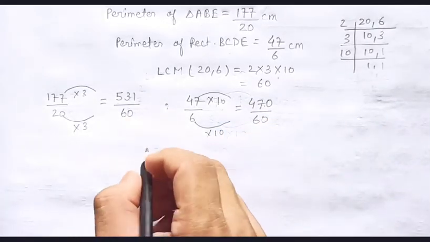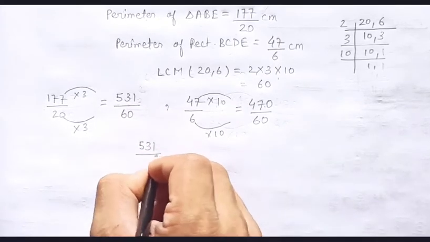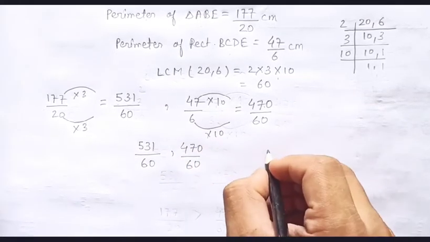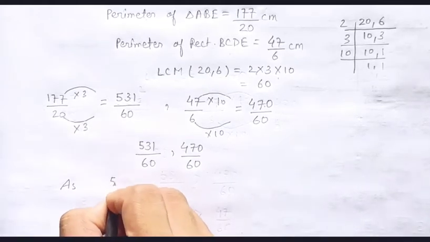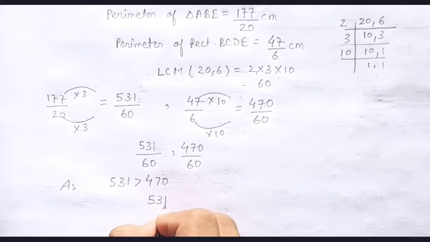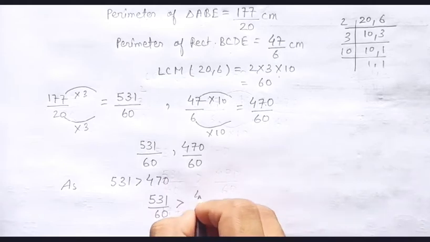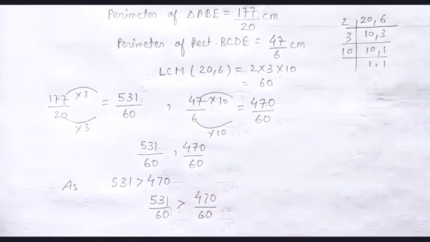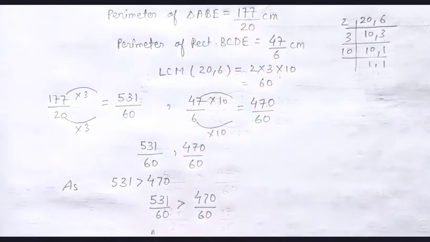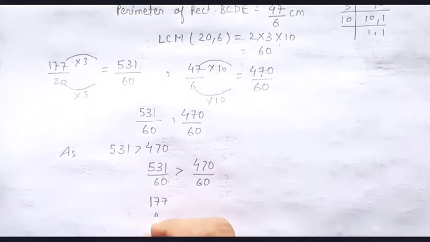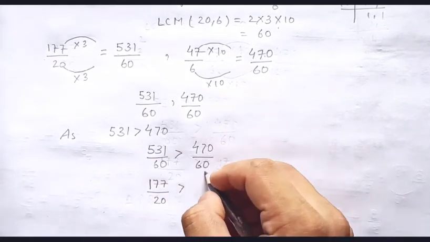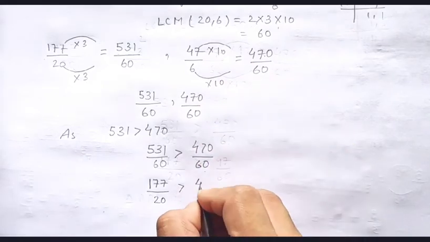Now it is clear that out of 531 divided by 60 and 470 divided by 60, as 531 is greater than 470, 531 divided by 60 is greater than 470 divided by 60, and 531 divided by 60 corresponds to the equivalent fraction 177 divided by 20, and it is greater than 470 by 60, which is equivalent to 47 by 6.